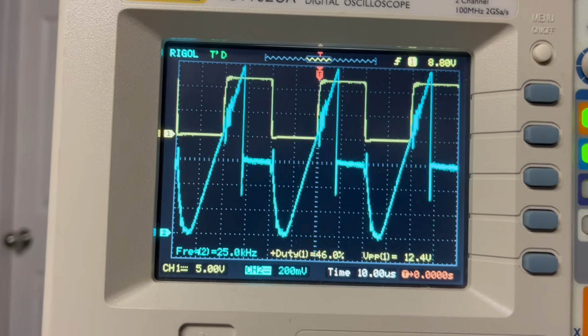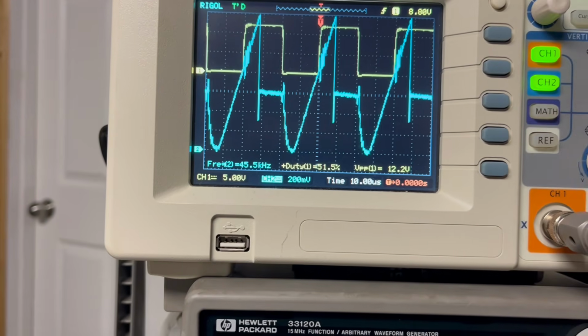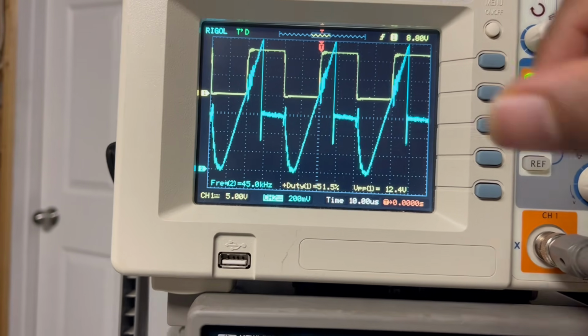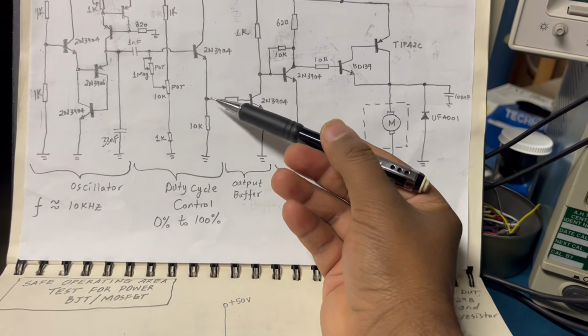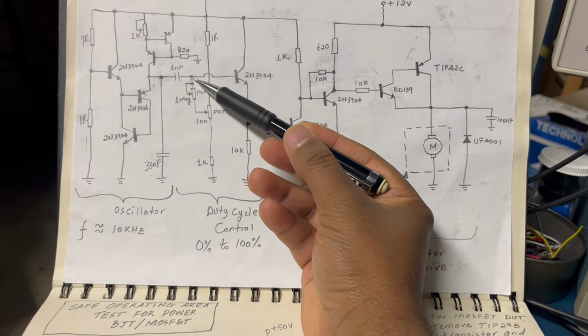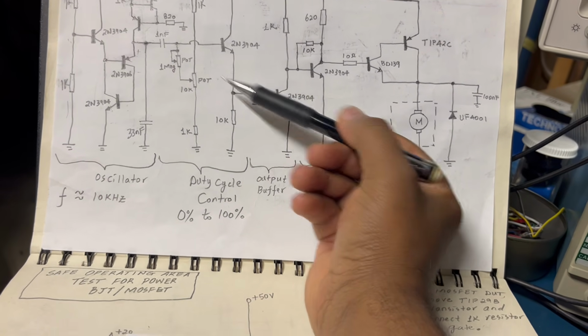You can see the magnitude of the DC offset on the triangular waveform will cause this transistor to turn on more, as the DC offset is introduced into the triangular waveform that's oscillating at this point.